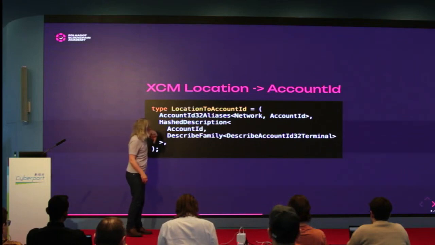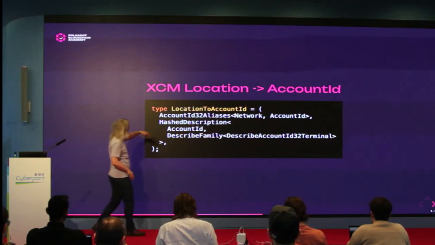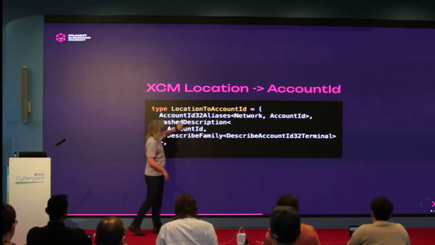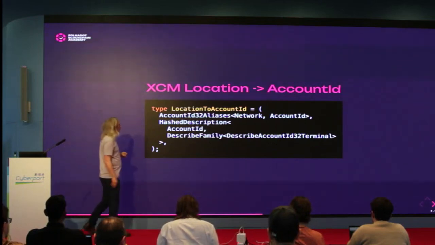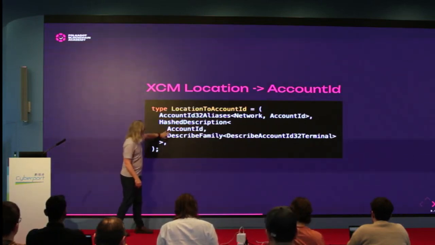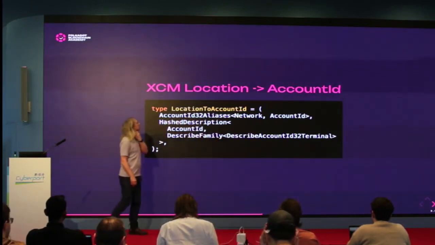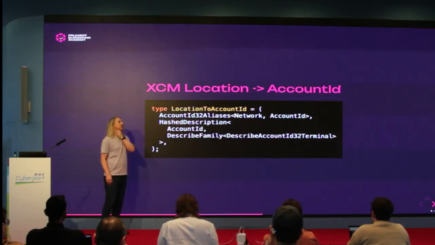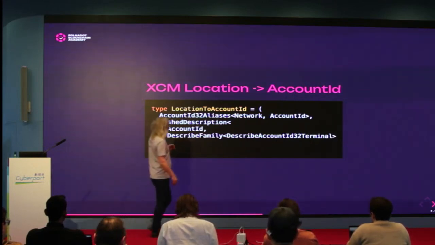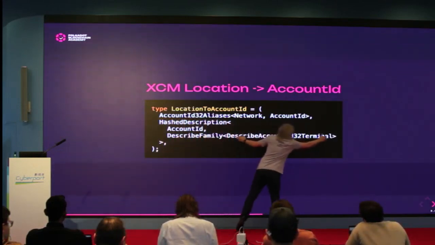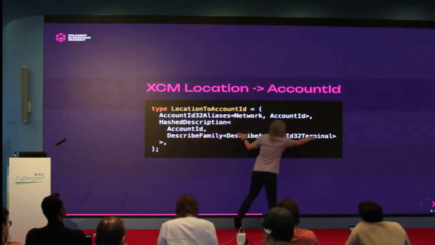So this, as I say, allows you to map locations to account IDs in any way you choose, and it's pluggable. In this case, we have this hashed description adapter thing. You can ignore the account ID, but the describe family essentially just says, give me a standardized human-readable version of the location or the locations that would fit in this type.